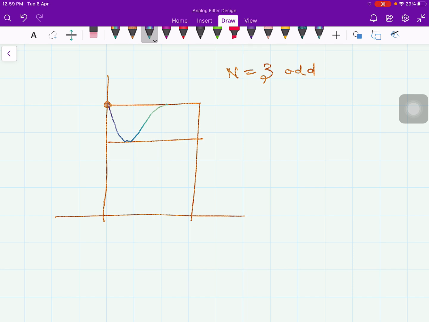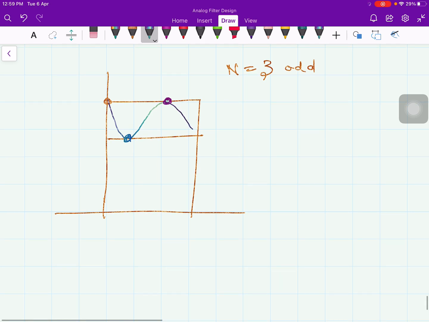It has to pass through this point, so it must pass through another maximum here, and so on, and goes like this. This is n equal to 3.